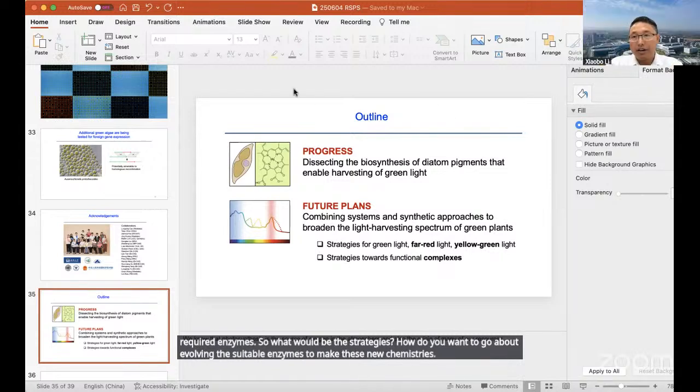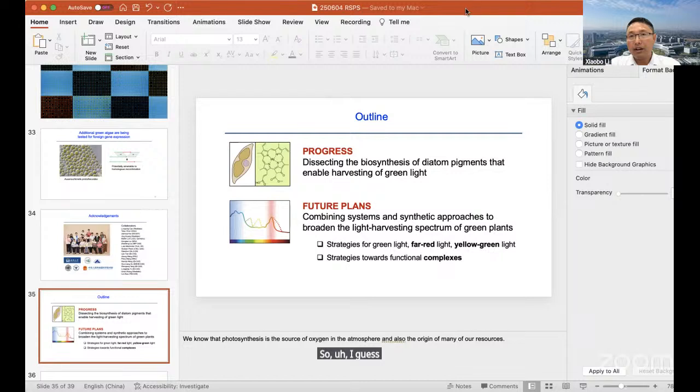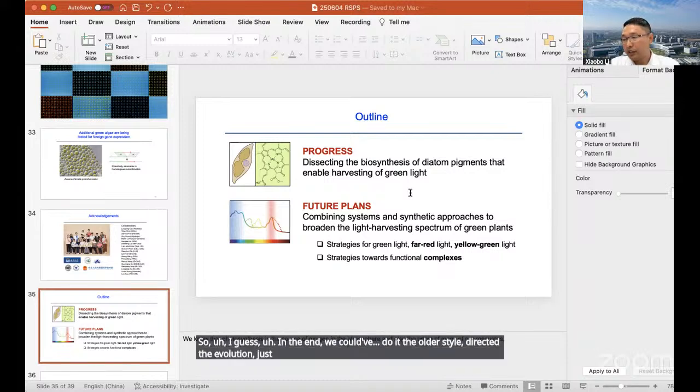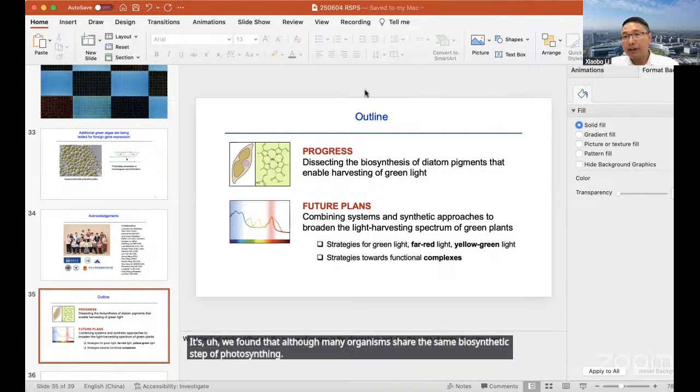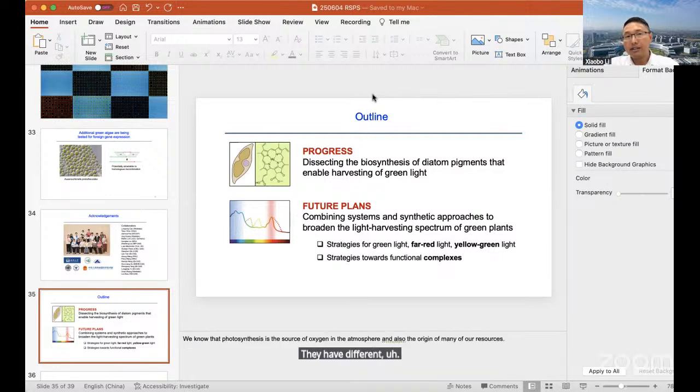So I guess in the end, we could do the old style directed evolution just by making random mutations. But before that, we would like to screen different organisms. We found that although many organisms share the same biosynthetic step of fucoxanthin, they have different substrate specificity.